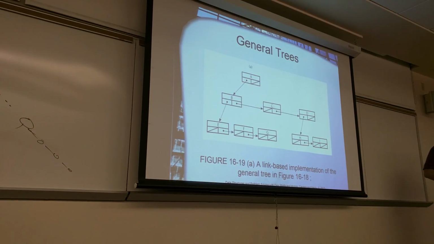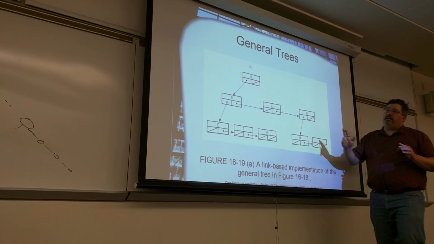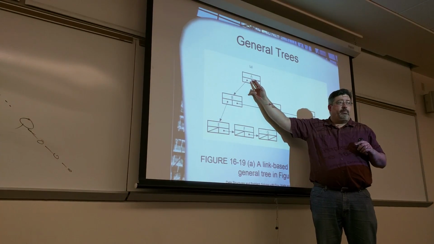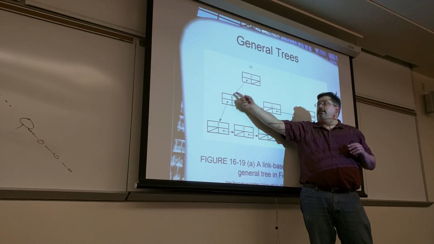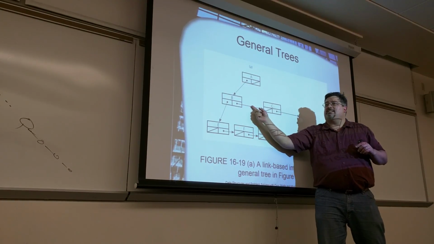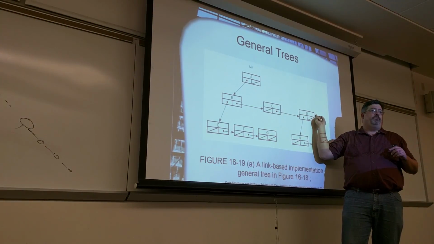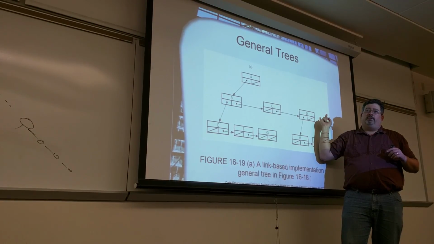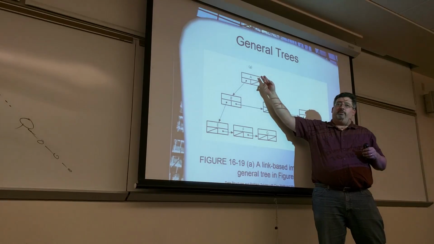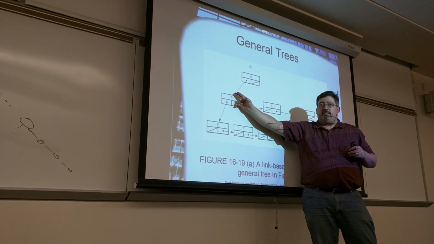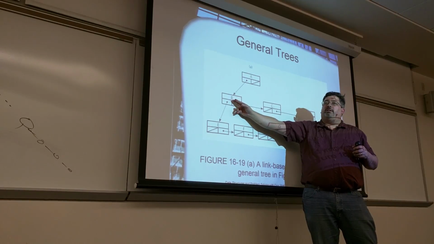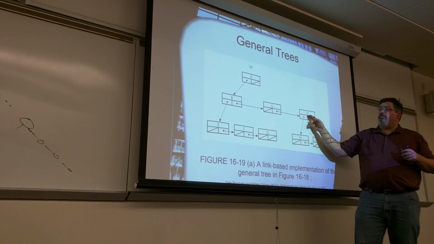What I've done is use the left child to point to the descendants, and the right child points to siblings at that same level. So A was my root, and I point to B, and B has descendants that point down here, but this points to all the siblings at that same level.